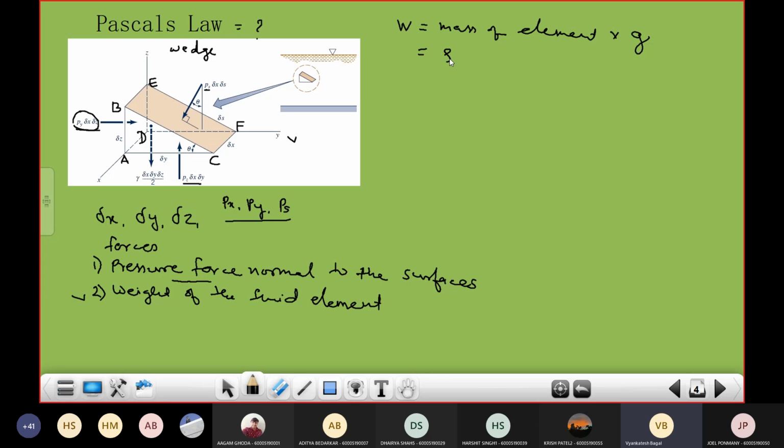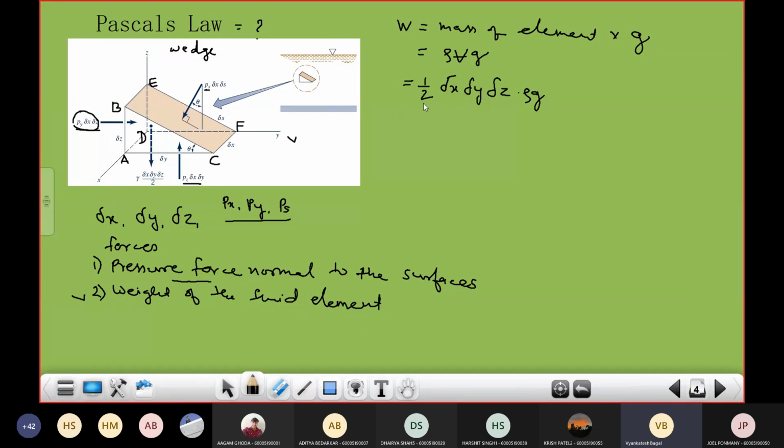This will also be equal to rho into V, where V stands for volume, multiplied by g. So you can write the weight of the fluid element as half delta X, delta Y, delta Z into rho g, right? So this is how you can write the weight of the fluid element.